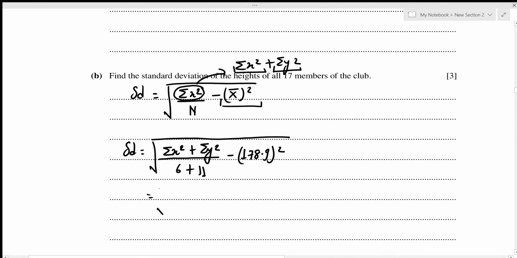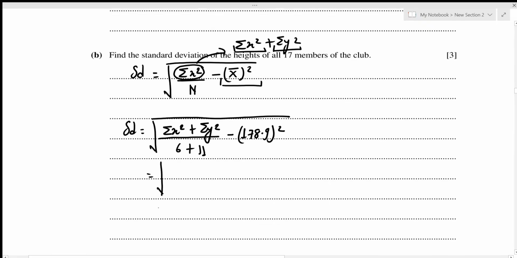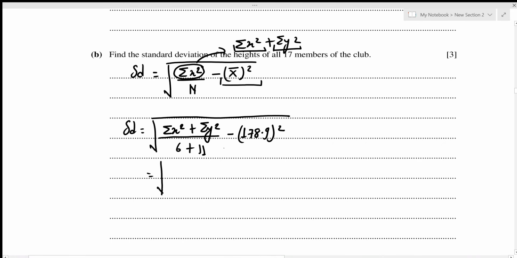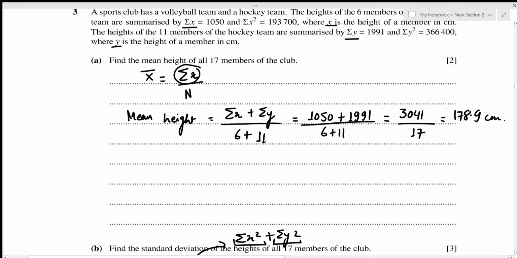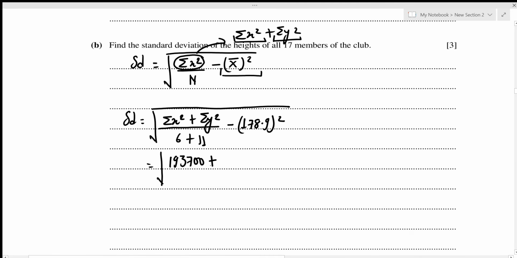Now we need to substitute the values for summation x squared and summation y squared. That's going to be 193,700 for x, plus for y it's going to be 366,400, divided by 6 plus 11, minus 178.9 squared.